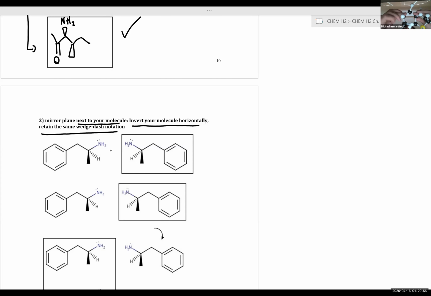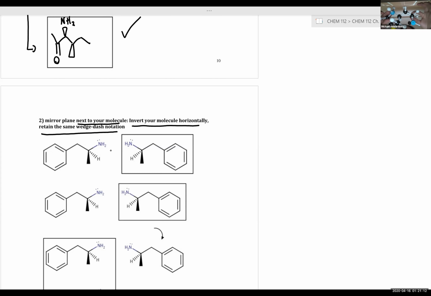So here's our starting point. Now we're going to flip our molecule 180 degrees.